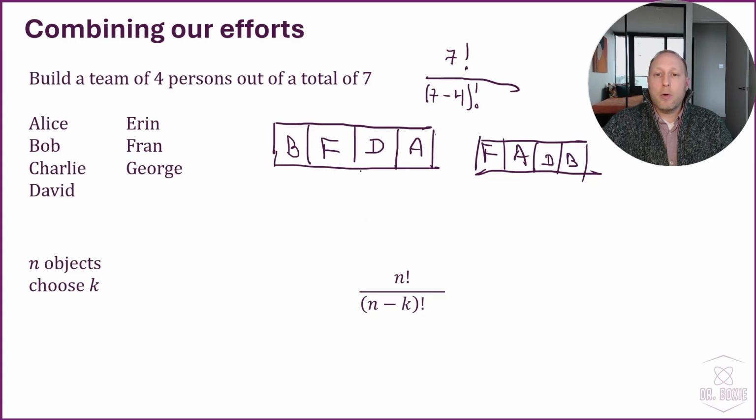So that means that I overcounted all the possible ways in which I can choose those same 4 people in any order there is. So the factor by which I overcounted it is the number of ways I can reorder these same 4 people. But because I chose 4 people, the number of ways I can reorder them is a permutation of 4 objects. So that's 4 factorial. So I'm adding a 4 factorial in the denominator.